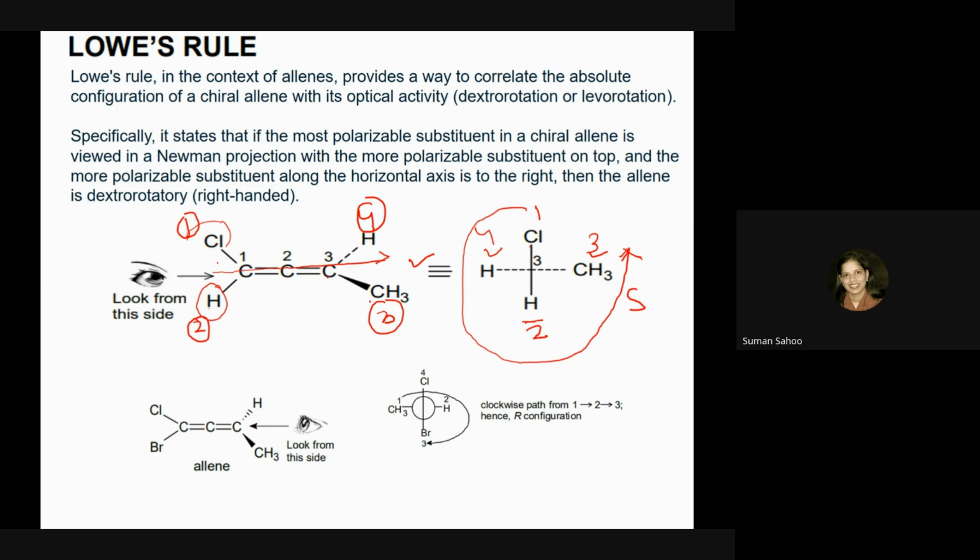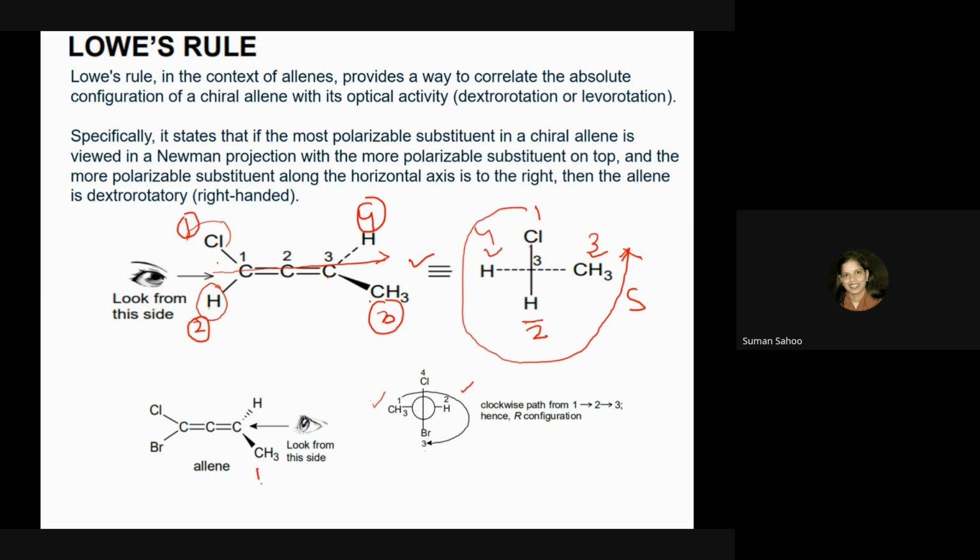This is another molecule. When you look from this side, the solid wedge and the dash wedge have to come in your horizontal line, and the other groups have to come in your vertical line. Looking from this side, CH3 is on the left and hydrogen is on the right, and chlorine is on top and bromine is down.